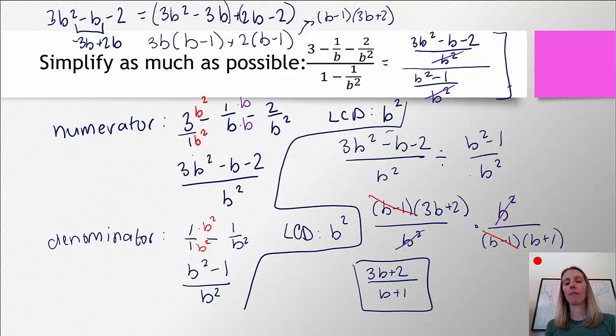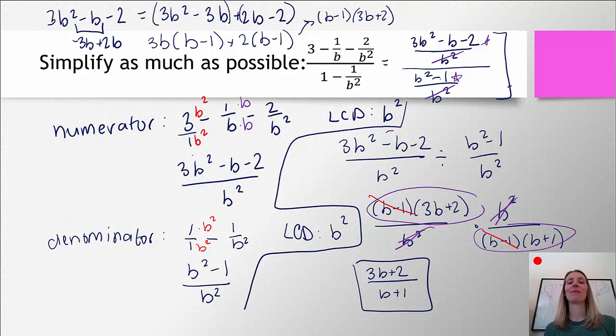So this would be our numerator, and this would be the denominator. If they have the same denominator, you can just get rid of them and squash the numerators into one single fraction. So that's a shortcut. If it helps, use it. If it doesn't, don't do it.